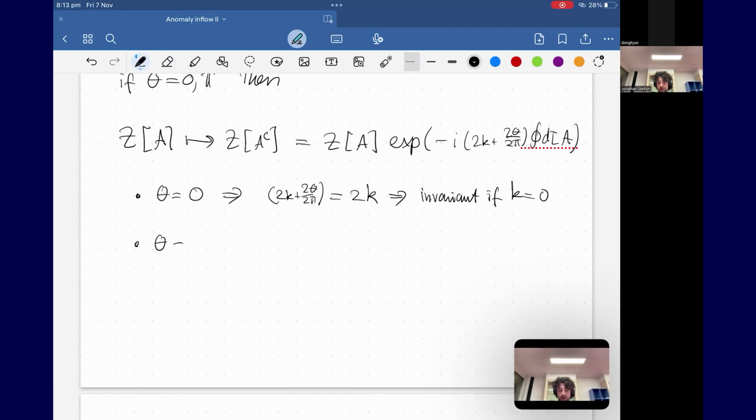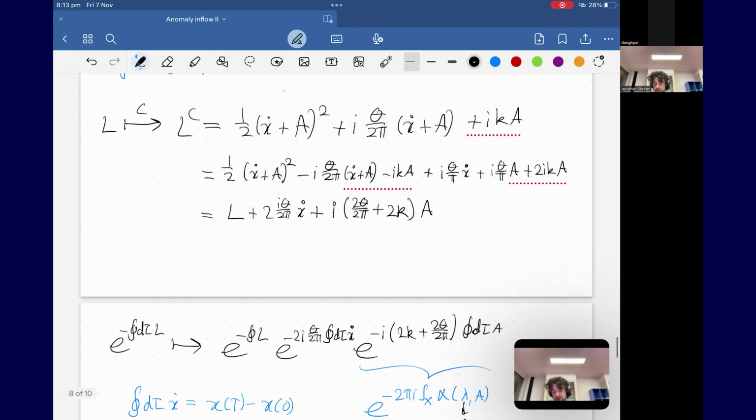So that's nice. We can do that. Whereas if theta is going to be pi, we're in trouble because then we have 2k plus 2 theta on 2 pi is going to, of course, be 2k plus 1, which implies this thing is going to be invariant if k is equal to minus a half. But that's bad.